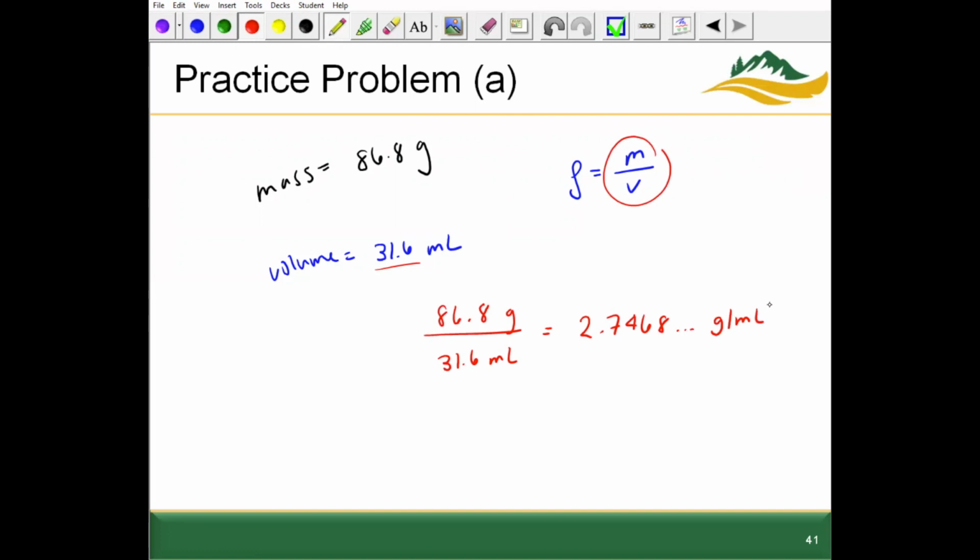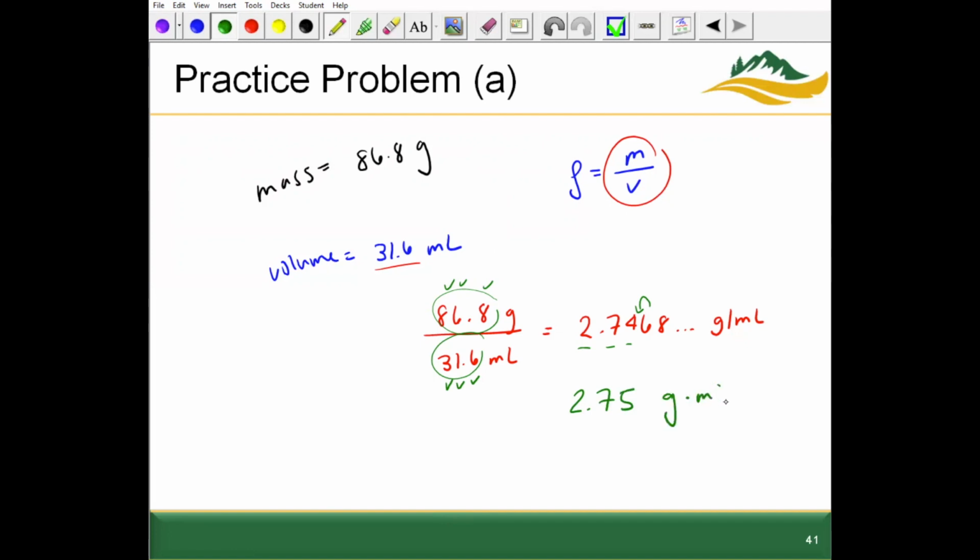Because we're doing division, we can look at the total number of sig figs in both of these original values. So 1, 2, 3, 1, 2, 3. That means that our final answer for this division problem should have 3 sig figs. This 6 will bump that 4 up to a 5.